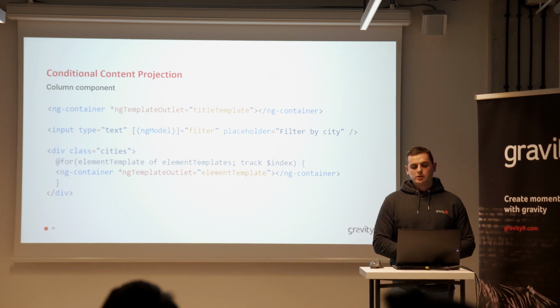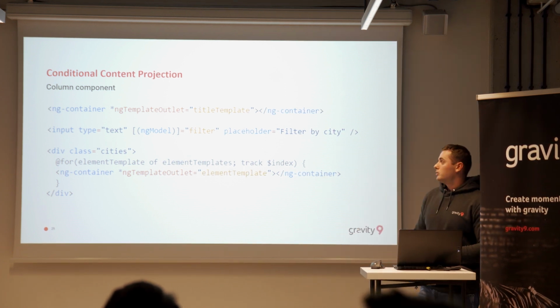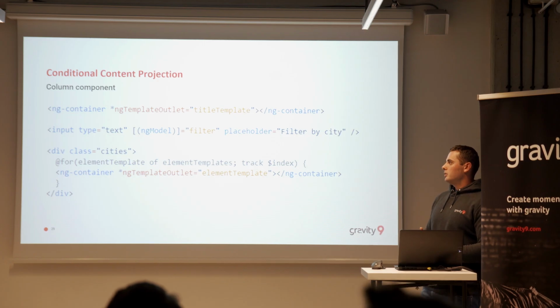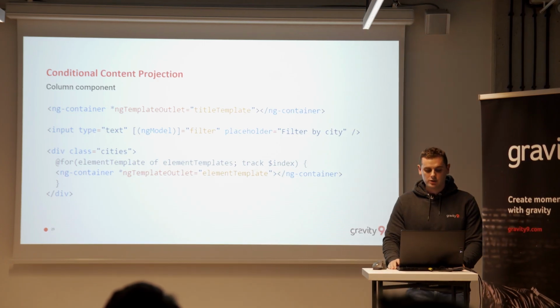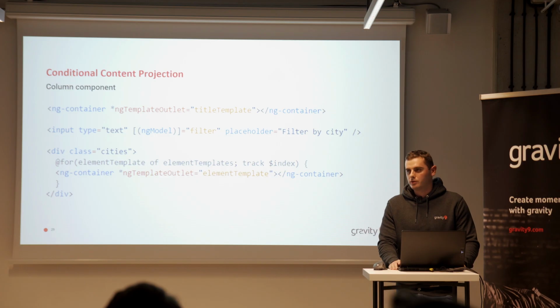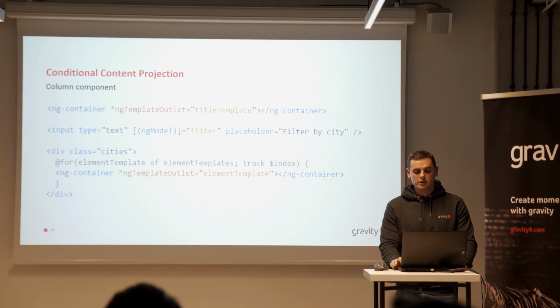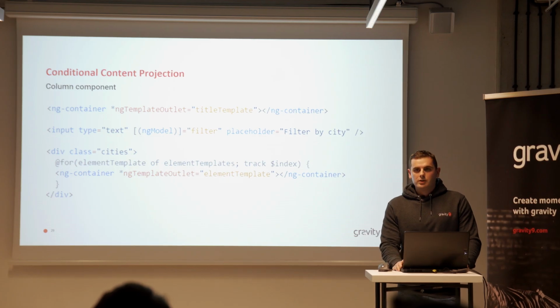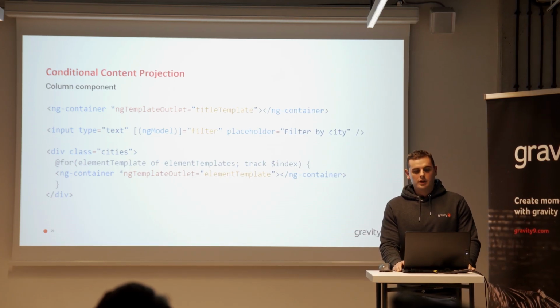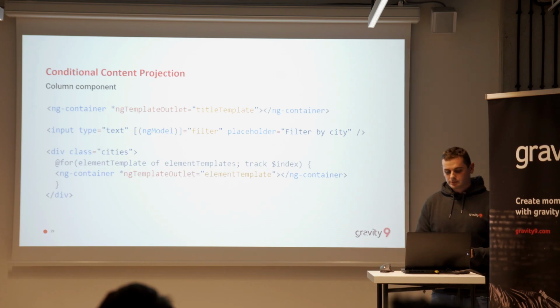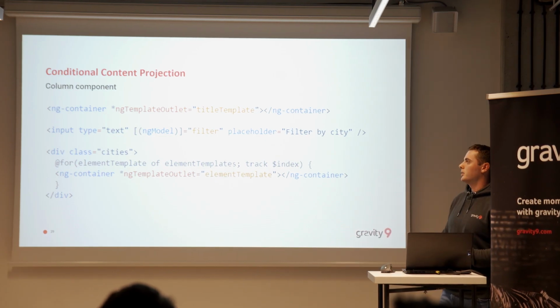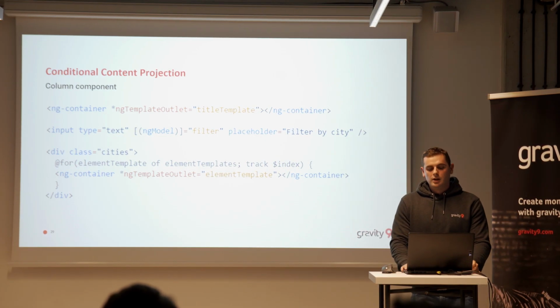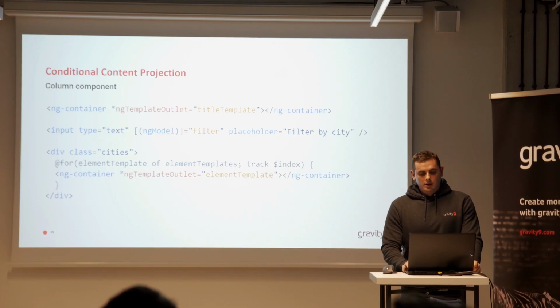And from the child component perspective, we are not using ng-content elements anymore. We now use ng-containers, but in this case it could also be a div or any other HTML element. What is important here is the ngTemplateOutlet directive, which we use to actually render the content passed from the parent component.